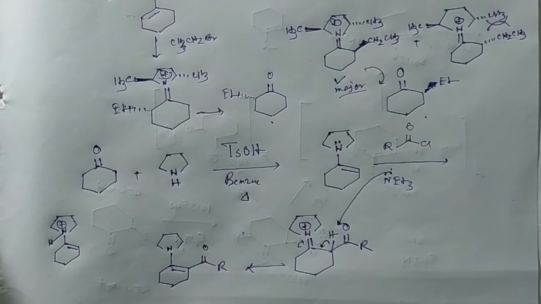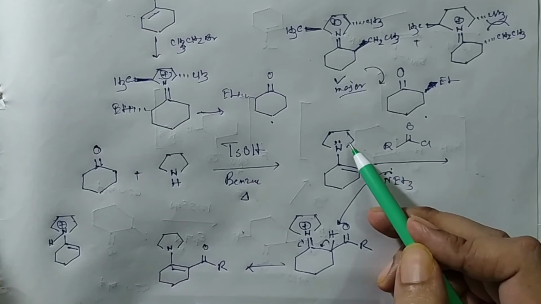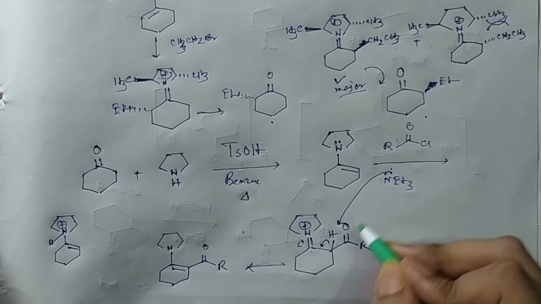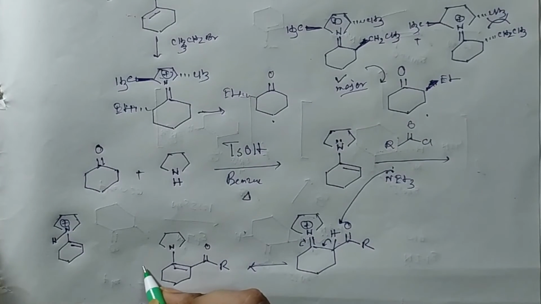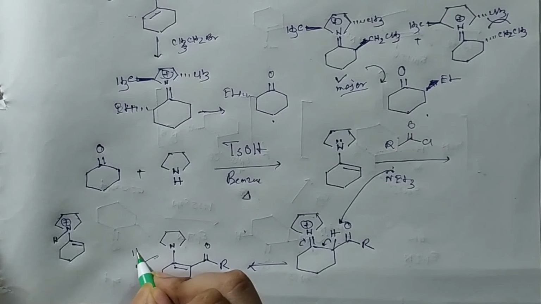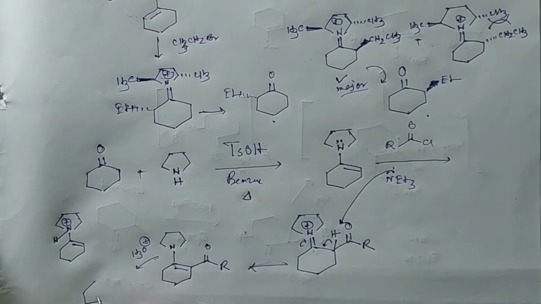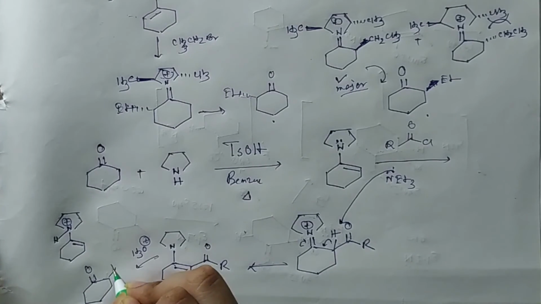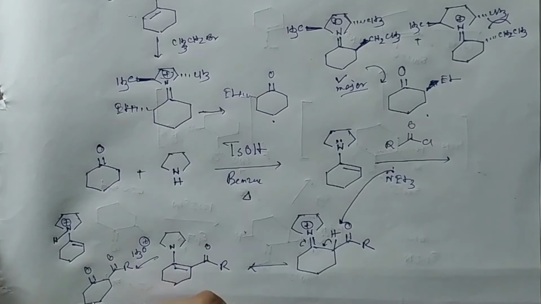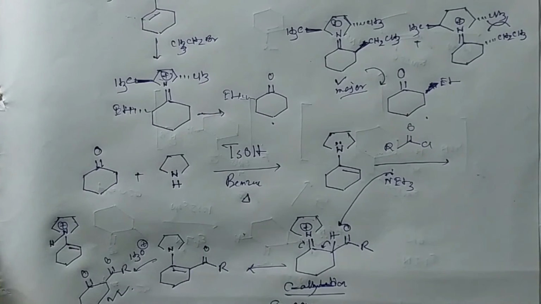To suppress the enamine's activity towards this proton, the external base, which is more basic than this nitrogen center, captures it and gives this kind of intermediate, and after that, on hydrolysis, it gives our desired acylated carbonyl, which is our product. This is the C-acylation.